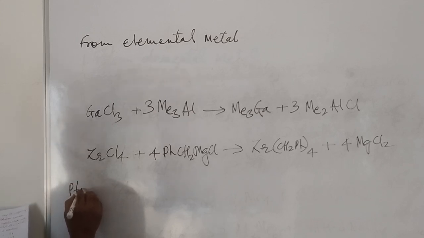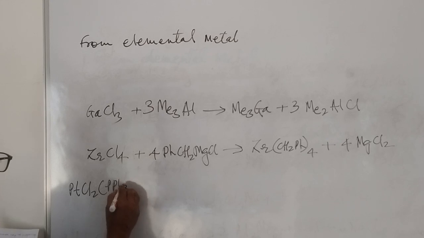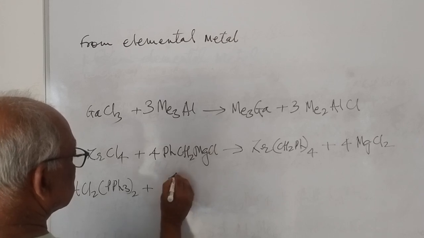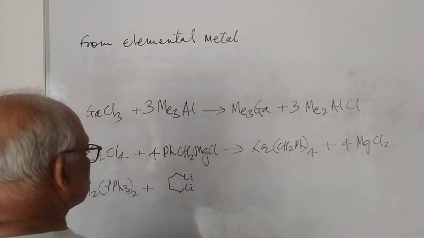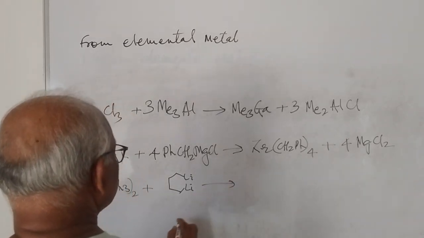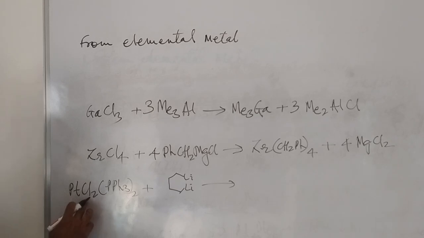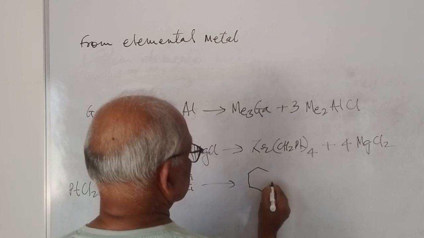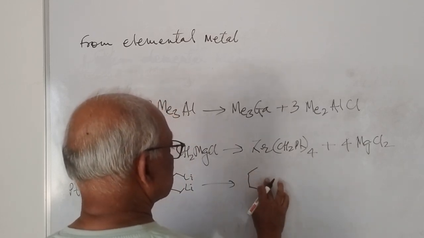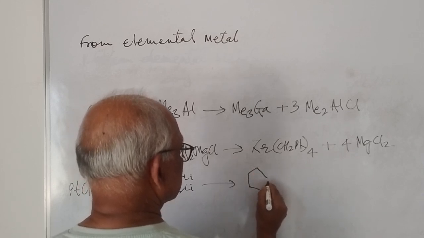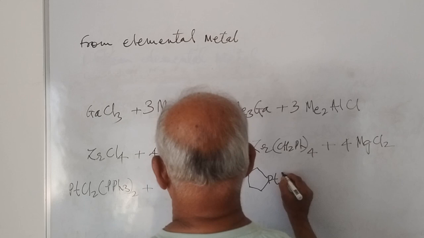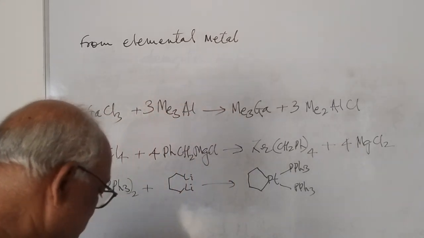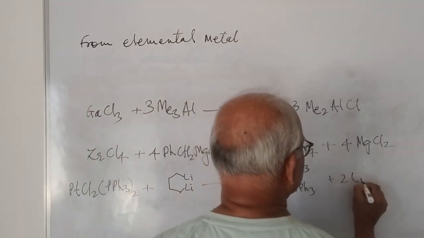Platinum compound PtCl2(PPh3)2 plus this reagent, so this Li is removed by these two Cl and we get this product, PtR2(PPh3)2 plus twice LiCl.